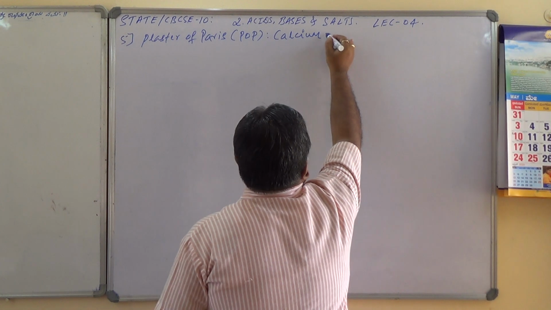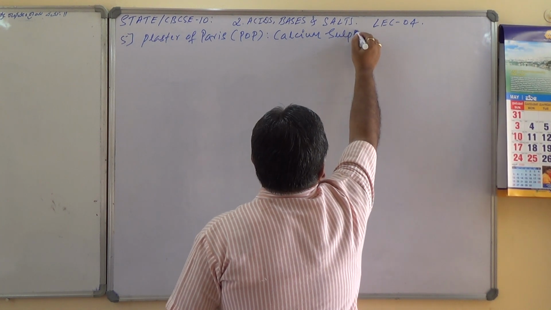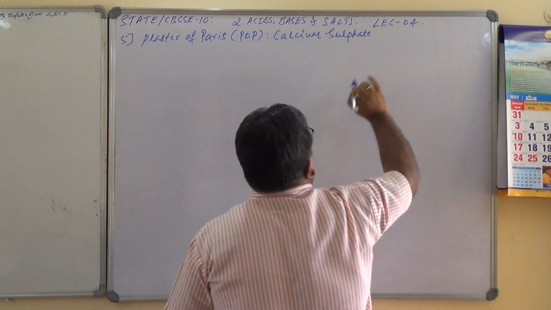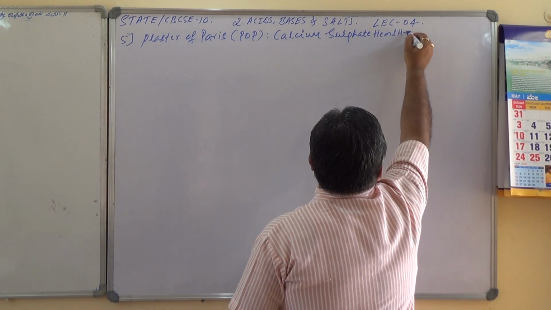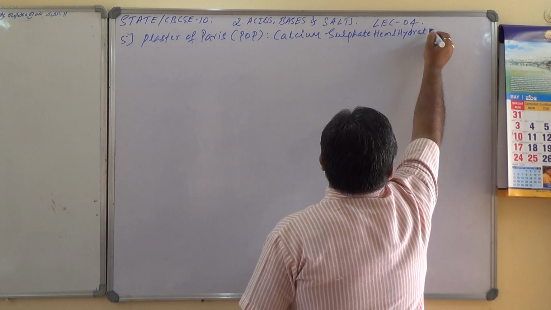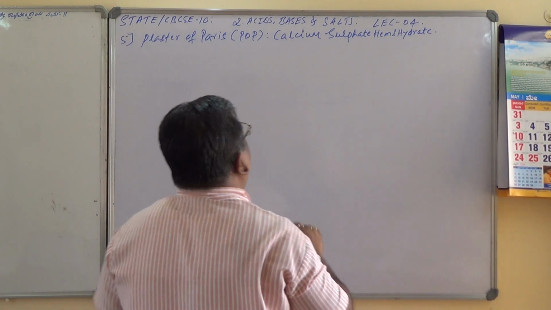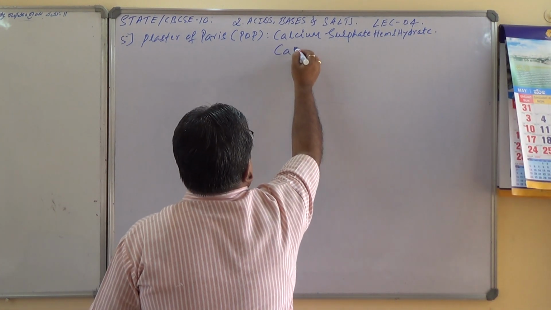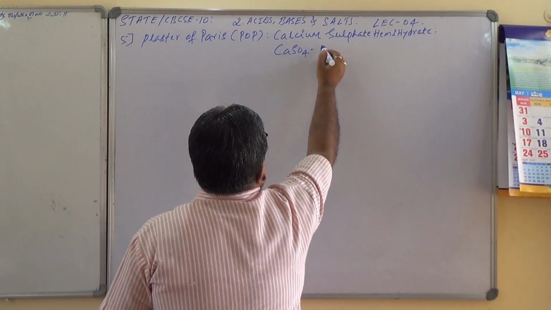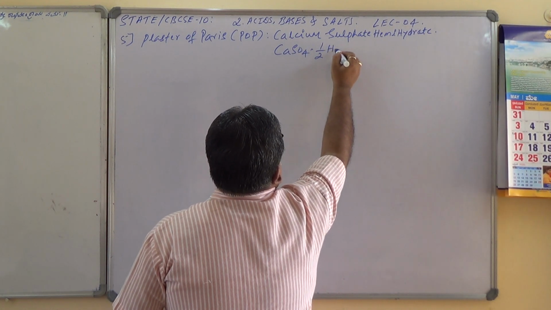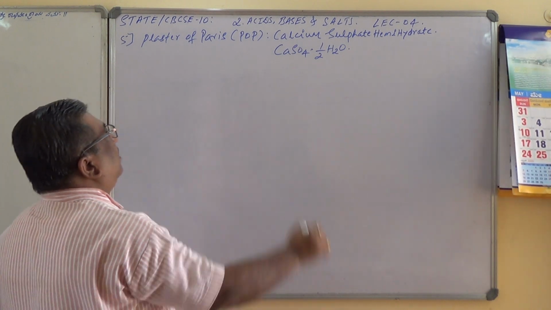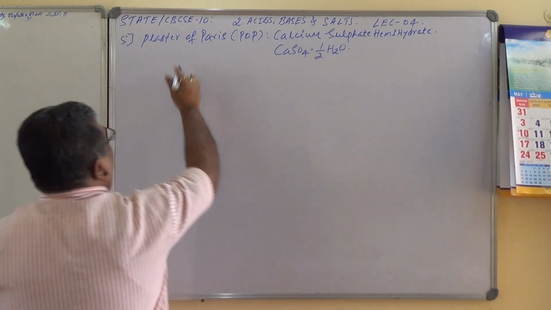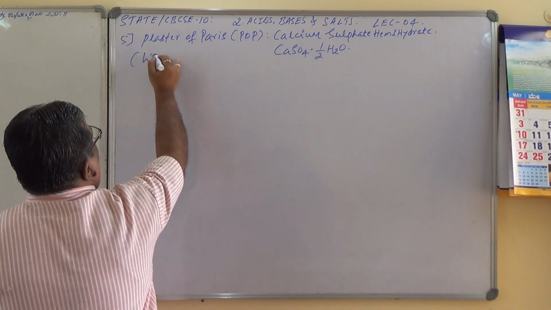Calcium sulfate hemihydrate. Chemical formula CaSO4·½H2O. Only with half water molecule, plaster of Paris is formed. And its nature: it is a white powder.